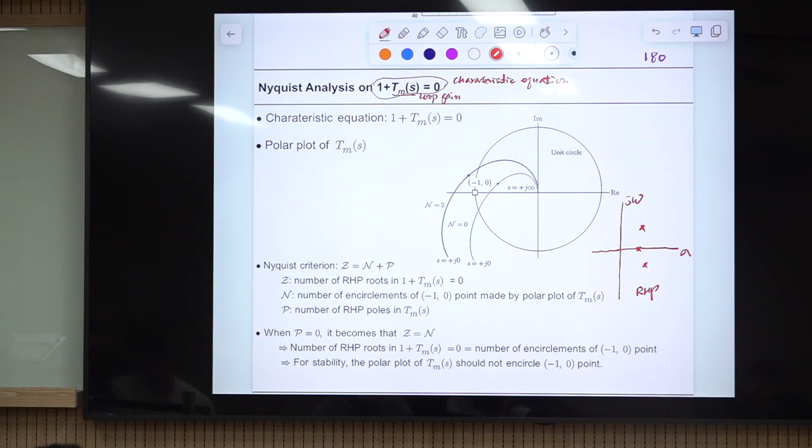And the roots of the characteristic equation are called poles, system poles, natural modes, and eigenvalues.